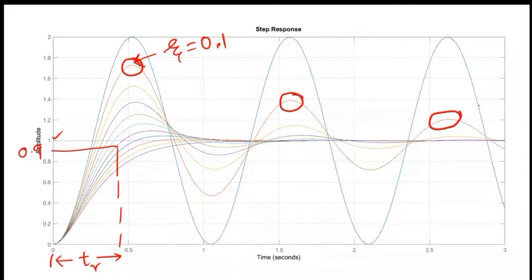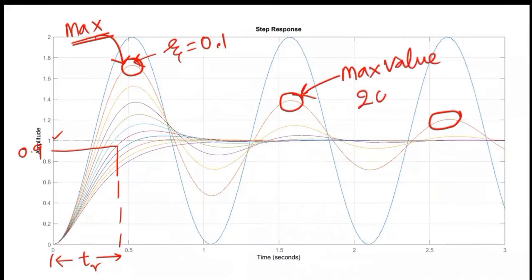Isn't it? So, it is the maximum value during the first cycle, and this is the maximum value during the second cycle, and this is the maximum value during the third cycle.